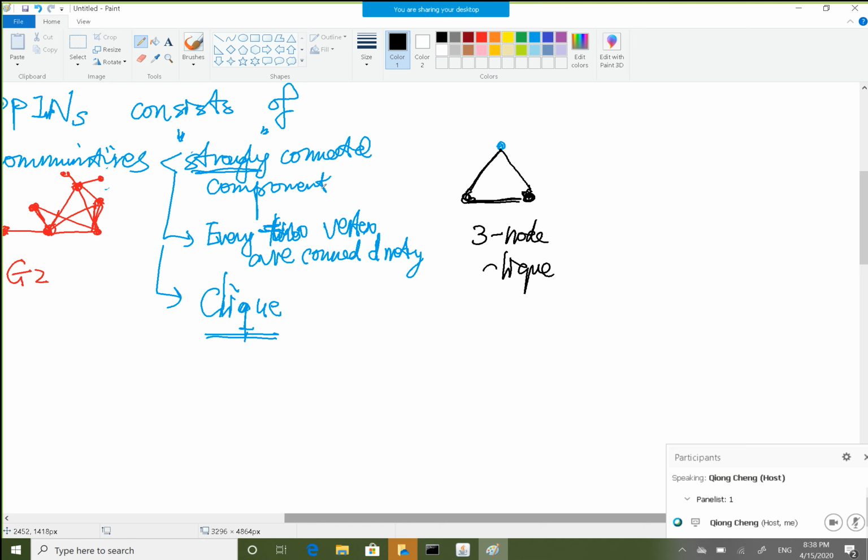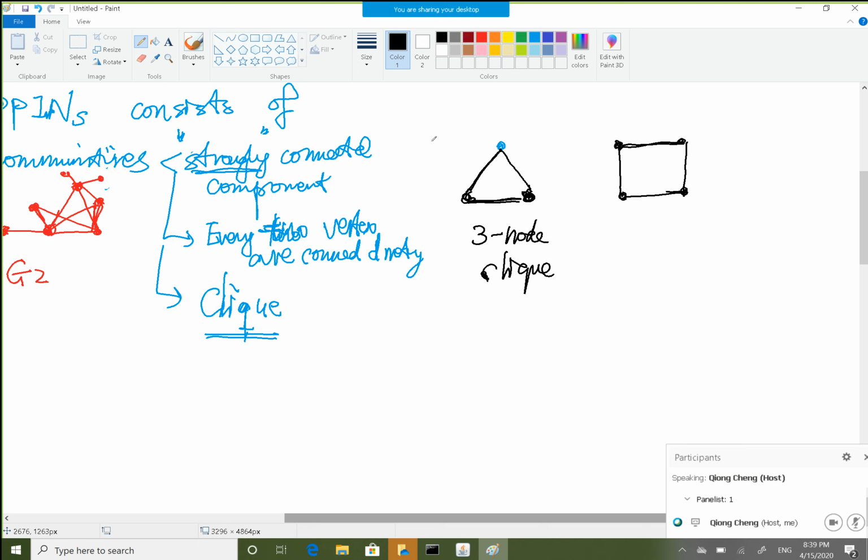Some people just say this is a three clique. And take a look at this one. If you only have this one, it's a four-node graph.